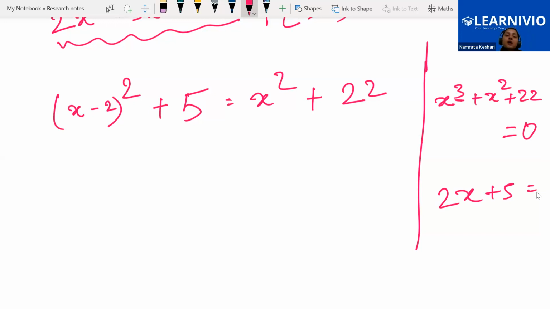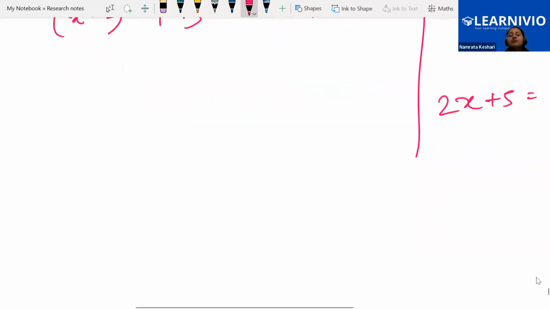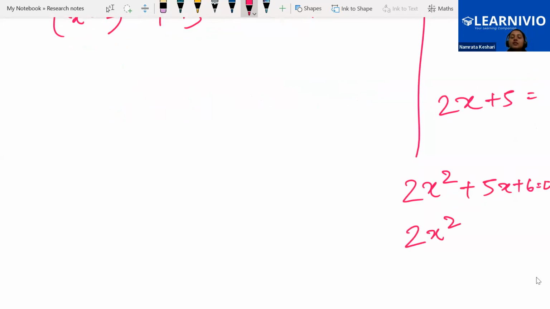The highest power of the variable has to be 2. That's called quadratic. Okay, so if we have 2x square plus 5x plus 6 equal to 0, it is a quadratic equation. If we have 2x square plus 5x equal to 0, it is a quadratic equation.